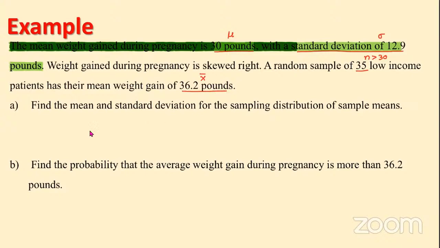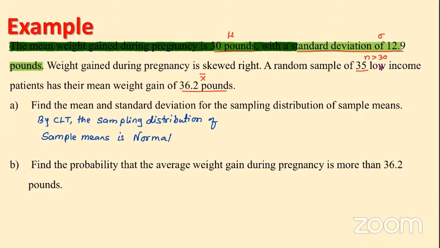So what we have to do is find the mean and the standard deviation for the sampling distribution of sample mean. What we know is, since the population standard deviation is given and the sample size is greater than 30, by the central limit theorem, the sampling distribution of sample means is normal.